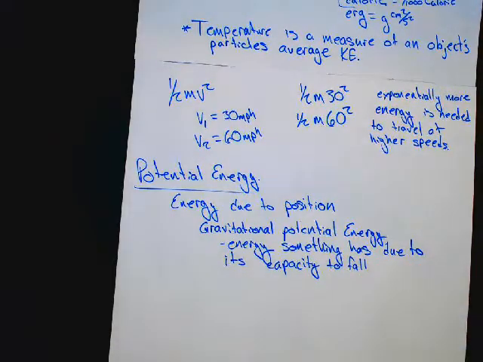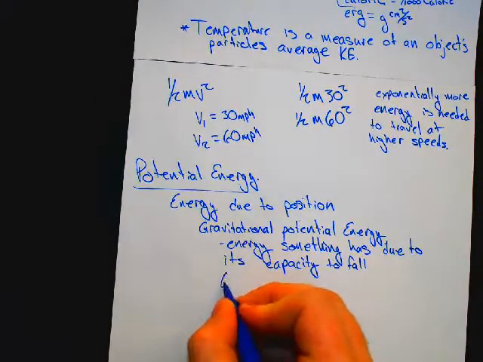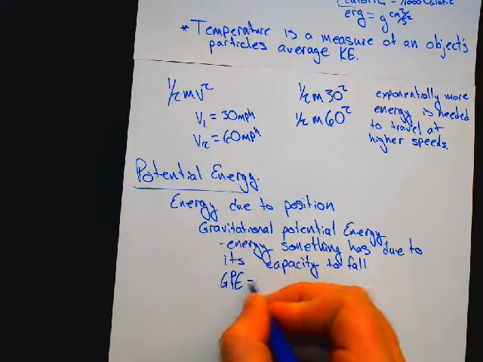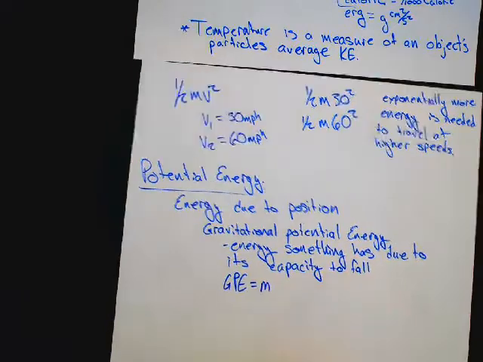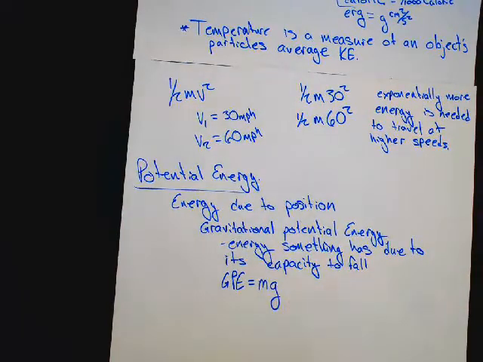And calculationally speaking, we can find that gravitational potential energy is equal to the mass of an object times the acceleration due to gravity times height.